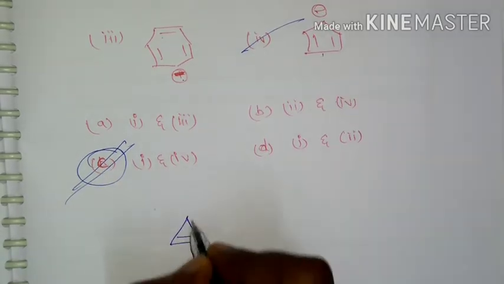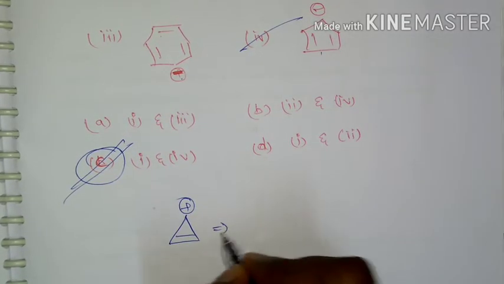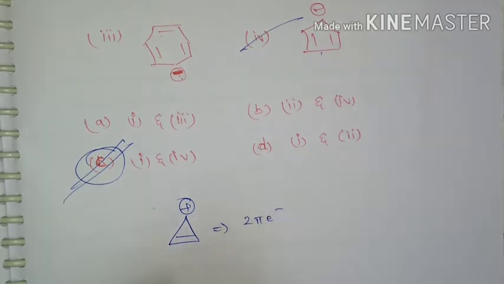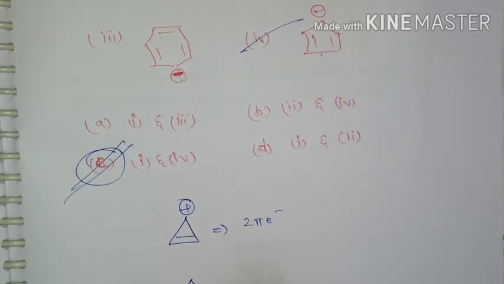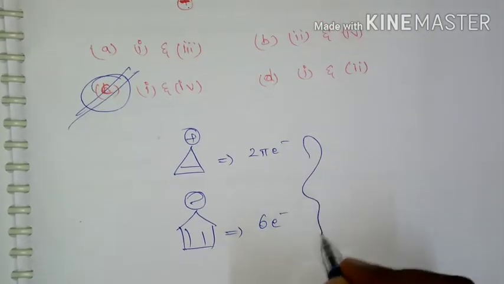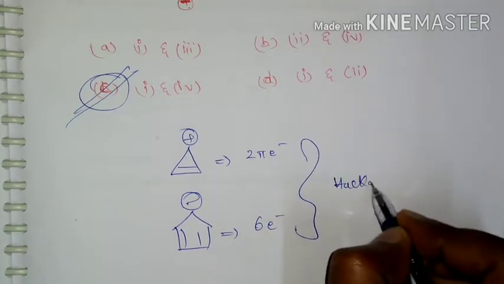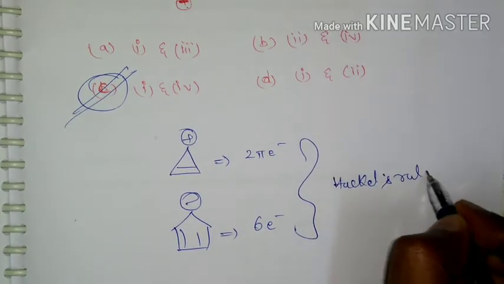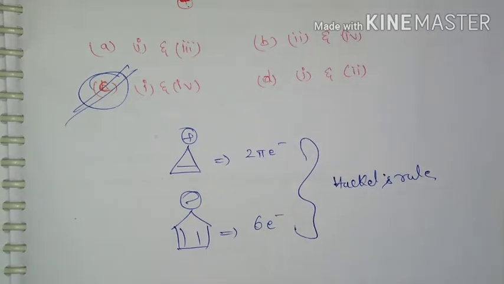This one is going to have 2 pi electrons, and cyclopentadienyl anion is going to have 6 pi electrons. So these two obey Huckel's rule, whereas the remaining two won't obey Huckel's rule.